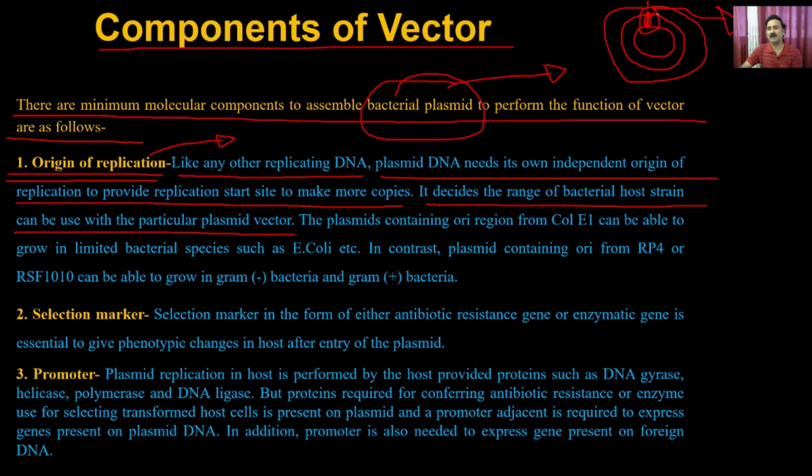For example, if it is a bacterial origin of replication, you cannot use yeast or mammalian cells to replicate this DNA, because the host provides the machinery to recognize the origin of replication.